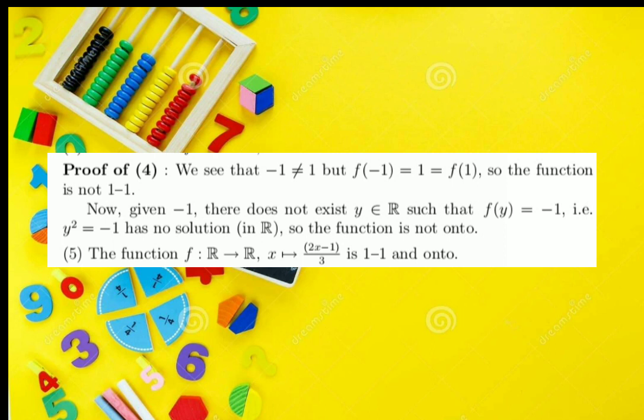The function from R to R, x maps to (2x minus 1) over 3, is one-to-one and onto.